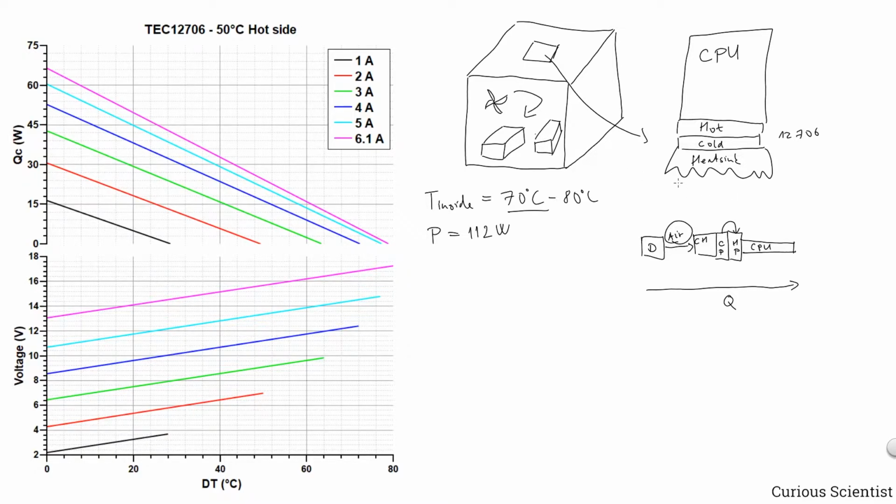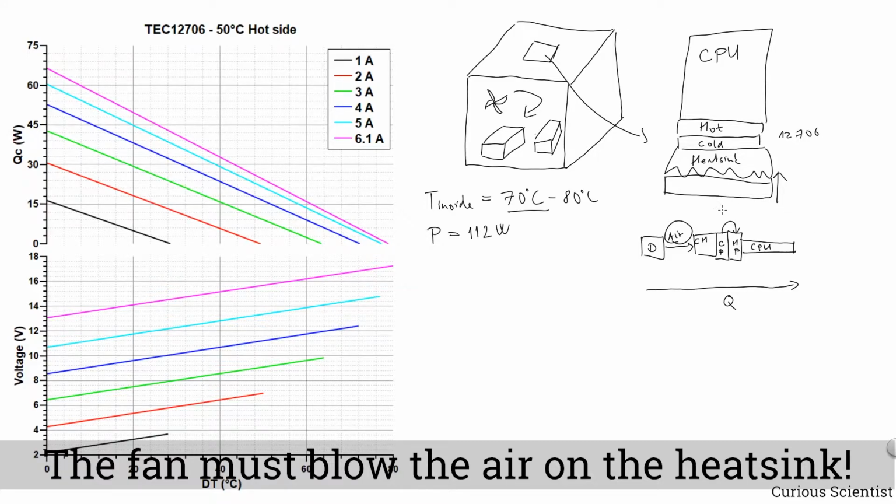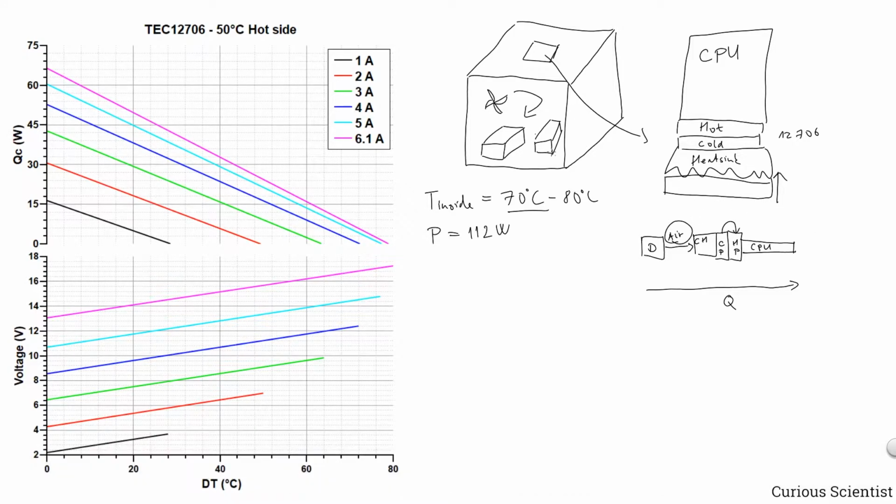So what I would do is put the fan directly on the heatsink, blowing in this direction, and that would pick up the air from the inside and push it against the heatsink, so that the heatsink would be experiencing a lot of warm air. That warm air would transfer the heat to the heatsink, and then we could pump it out. That could be one thing that should be considered. But in our simplified case, we just assume that everything is in perfect contact.